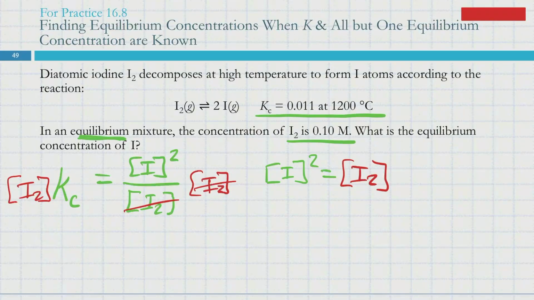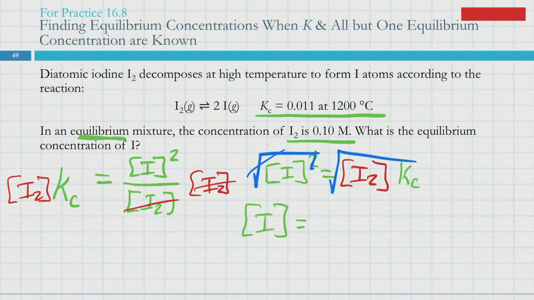All right, so after one algebra step, we arrive at the concentration of monatomic iodine squared equals concentration of diatomic or molecular iodine times the Kc. And then we square root both sides. That'll get rid of the squared on our concentration. And our solution is the square root of the concentration of diatomic or molecular iodine times Kc.